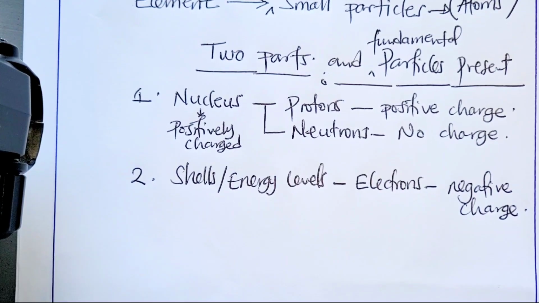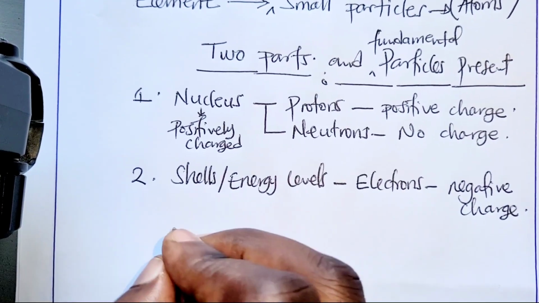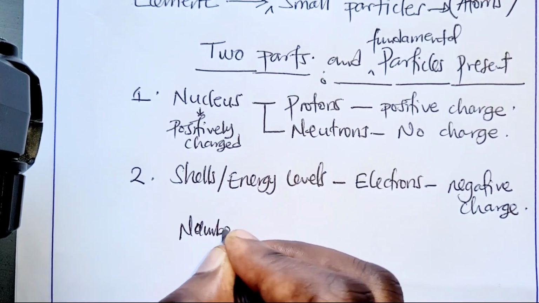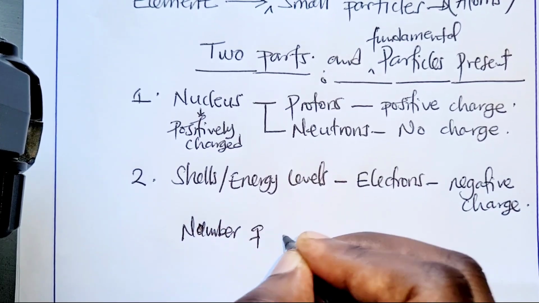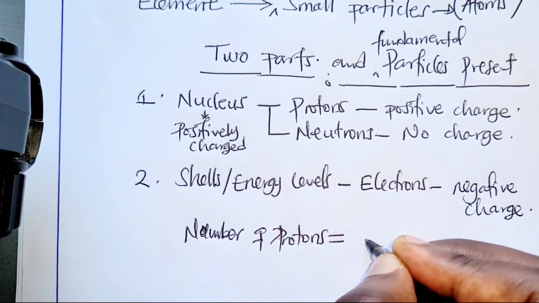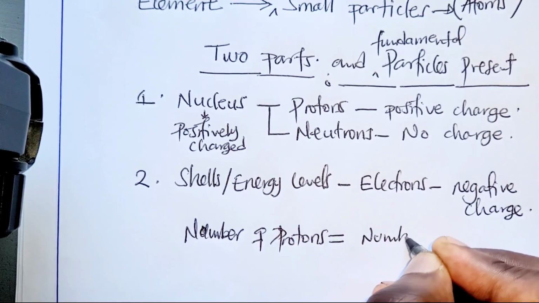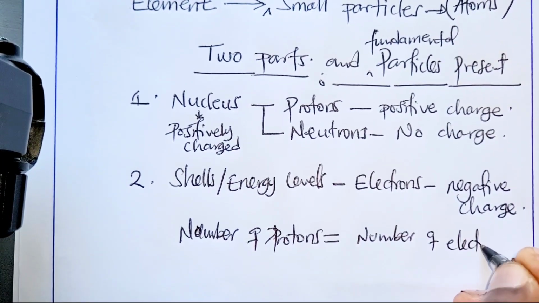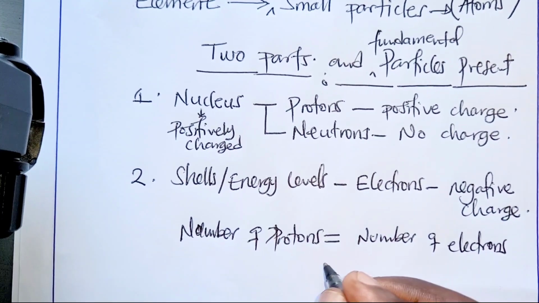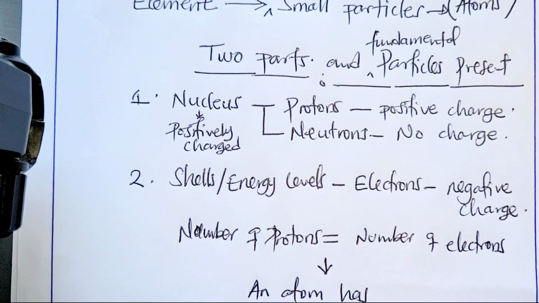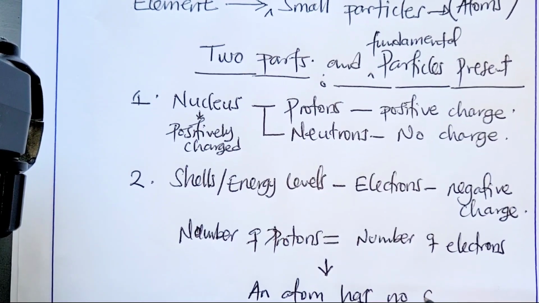Because the number of protons equals the number of electrons, this means that an atom has no charge completely.